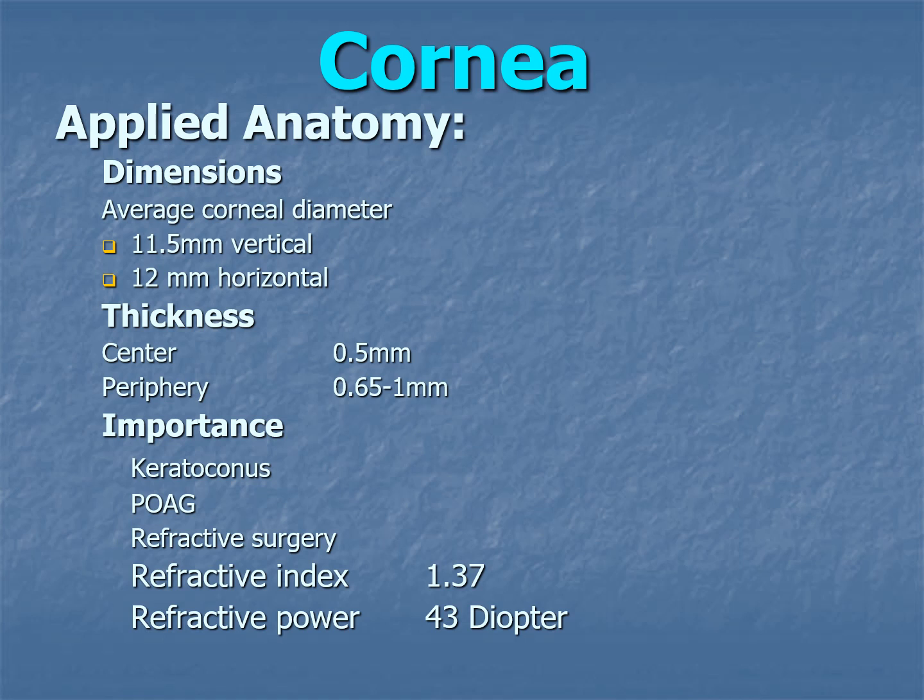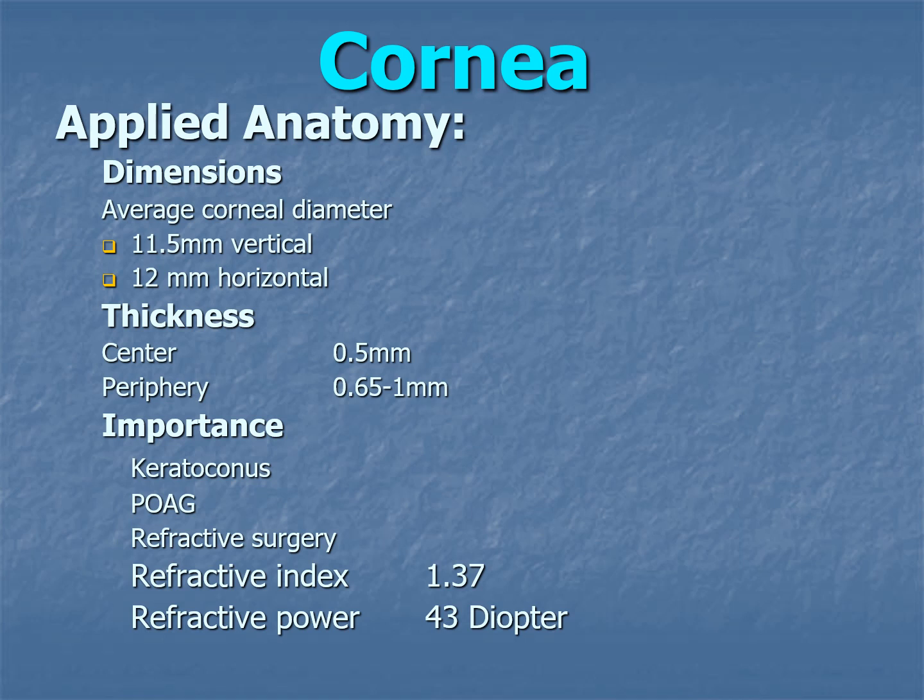And in refractive surgery, we measure the corneal thickness, and according to the thickness, we suggest different types of refractive surgery, and we calculate how much cornea we can ablate.